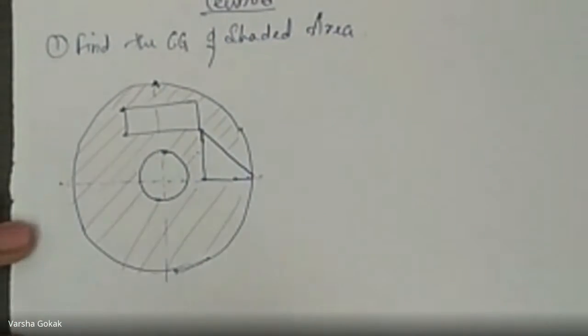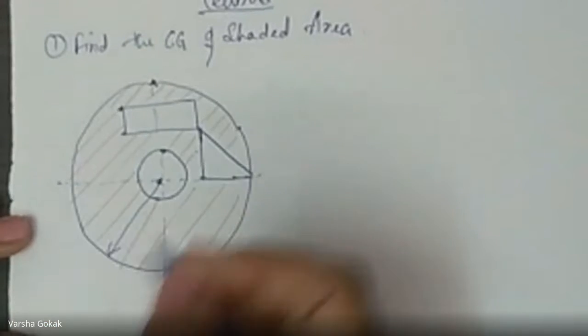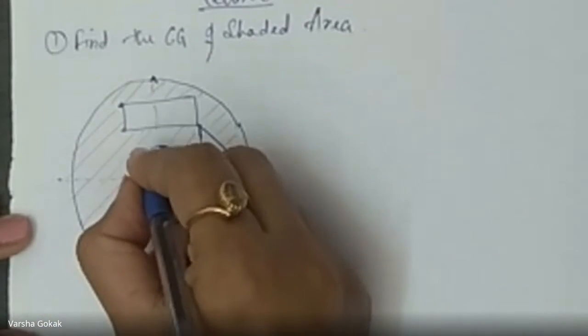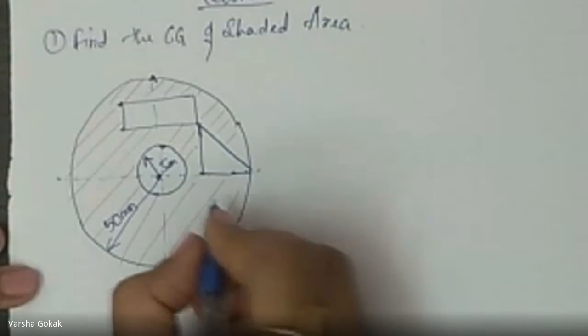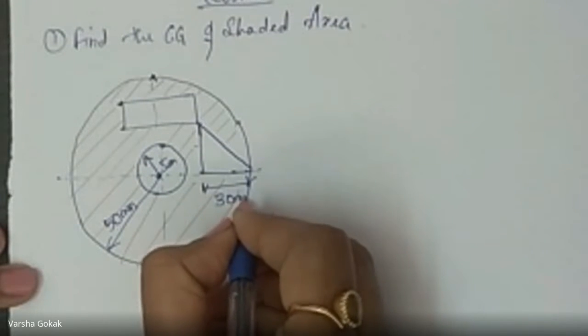Okay, now the dimensions being the radius of the bigger circle is 50 mm, the radius of the smaller circle is 5 mm. Okay, the base of the triangle is given to be 30 mm.